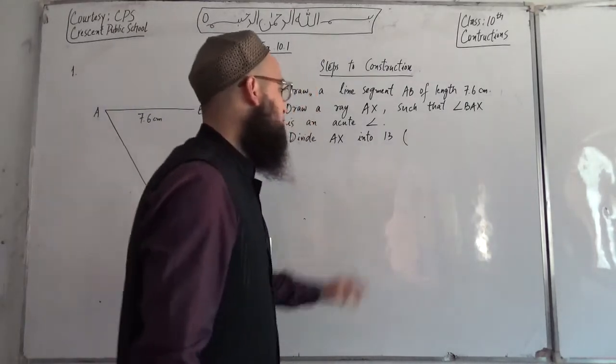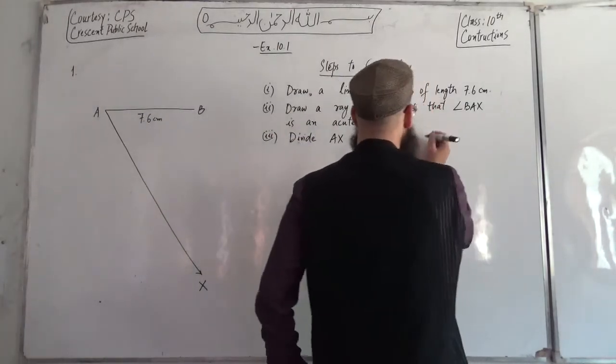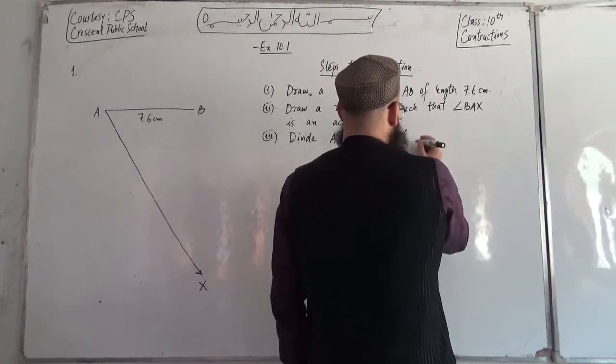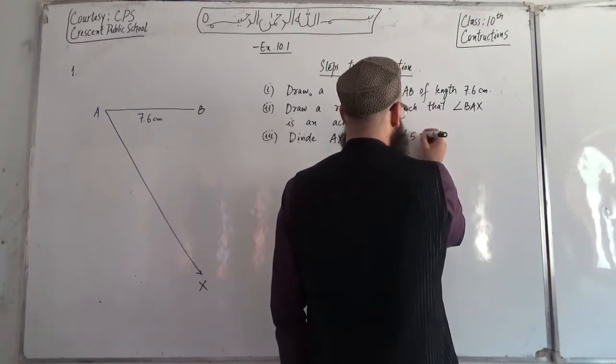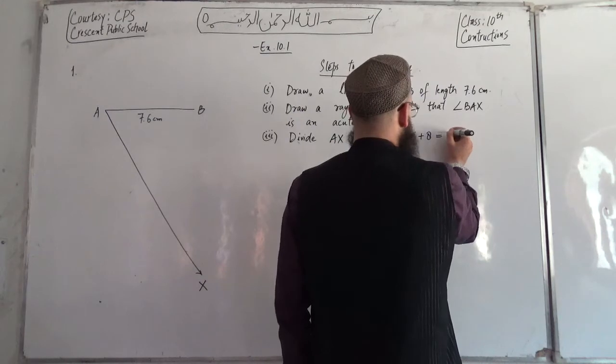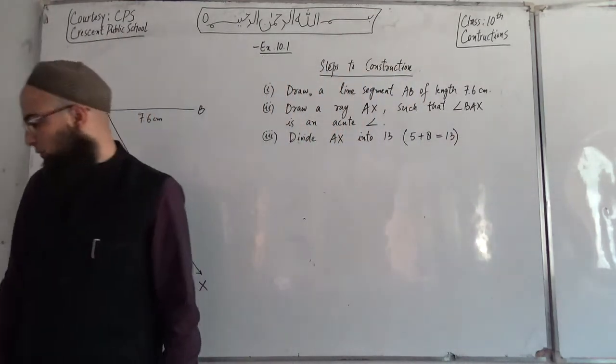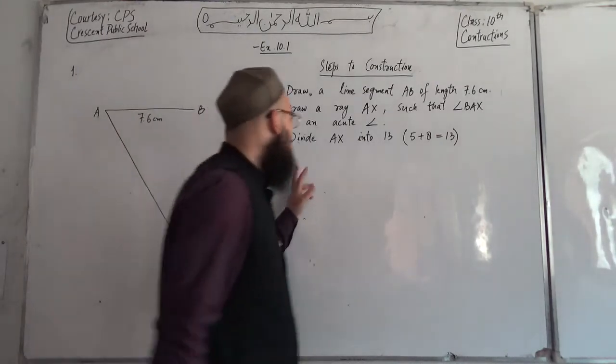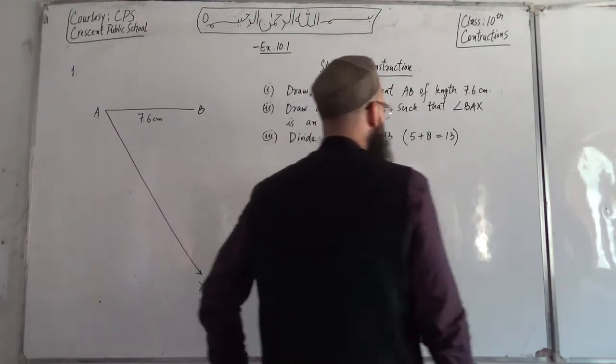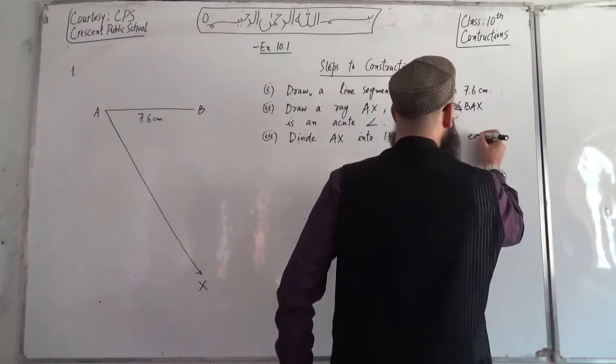Divide AX into 13. Why 13? 5 plus 8 is equal to 13. This is your required ratio, 5:8.